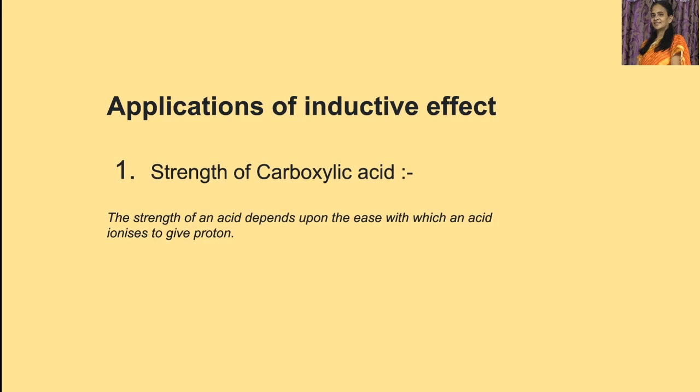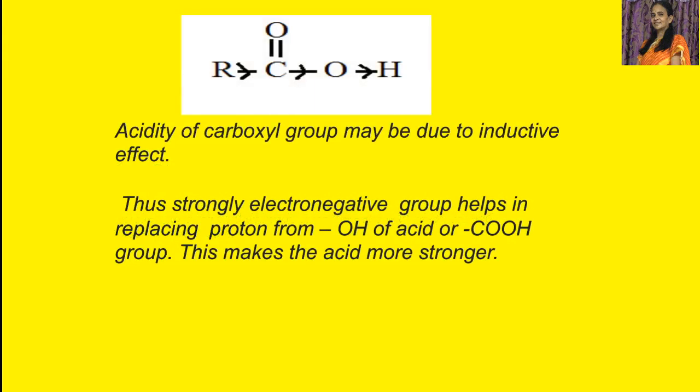So what is the conjugate base of the acid? Let us consider this is the carboxylic acid, RCOOH. If it loses this H plus, we will get the RCOO minus ion, known as the carboxylate ion, and this carboxylate ion is the conjugate base of this carboxylic acid.